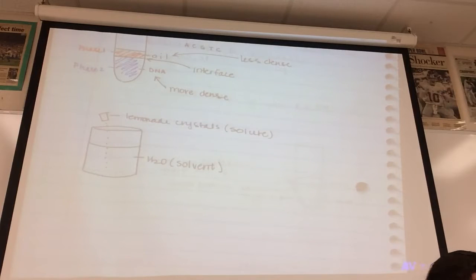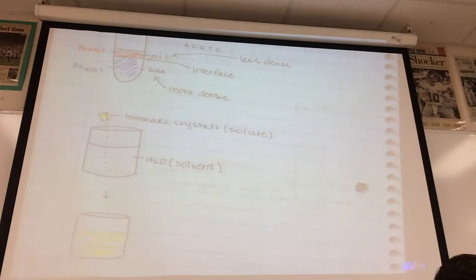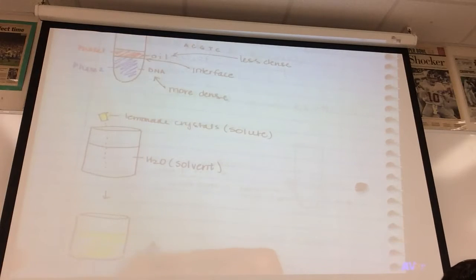And so when you have your final product of lemonade, then you have what's known as a solution. And you can't see the crystals anymore. It looks like one. It appears uniform, but it's comprised of more than one. So now you have your solution.